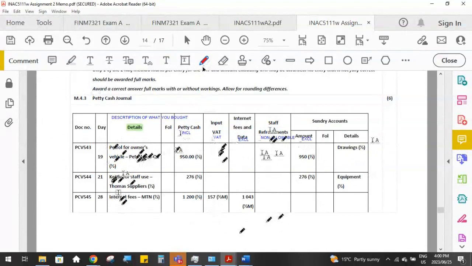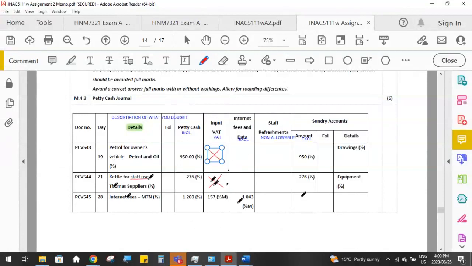Petrol, we know, is a zero rated item. The kettle for staff use, there's no VAT to claim there because, for staff use, it is considered to be entertainment, and therefore we are not allowed to claim the input VAT.